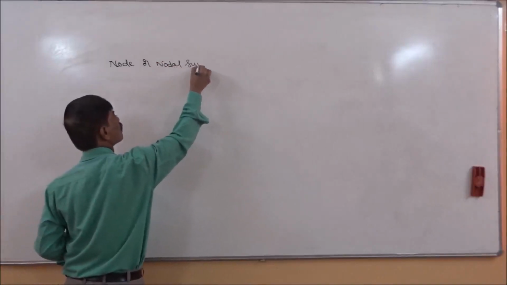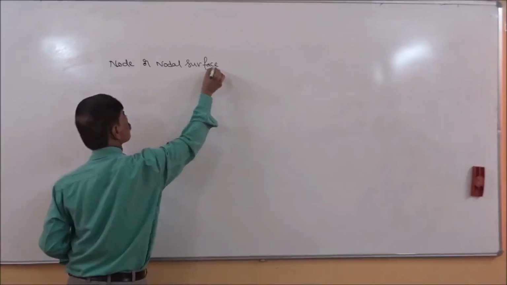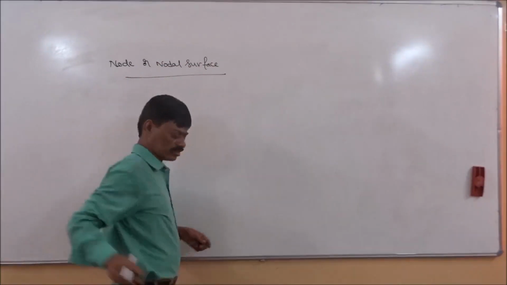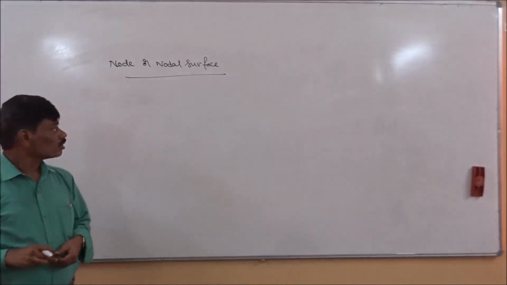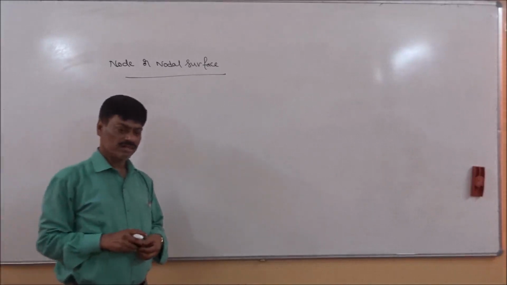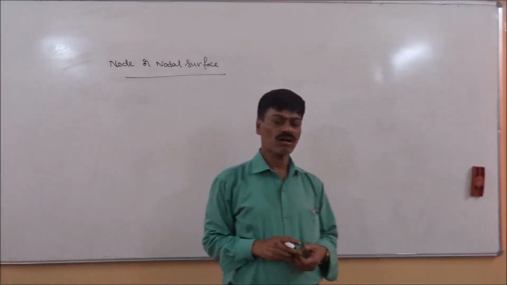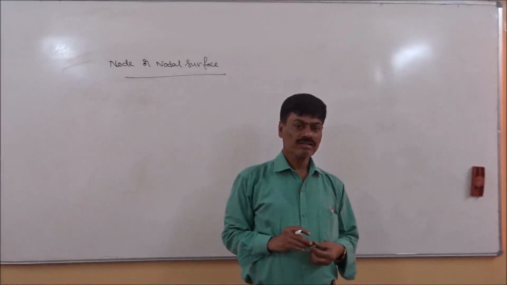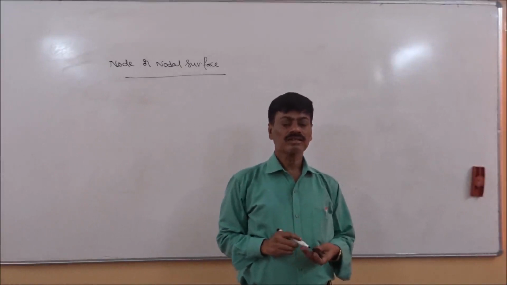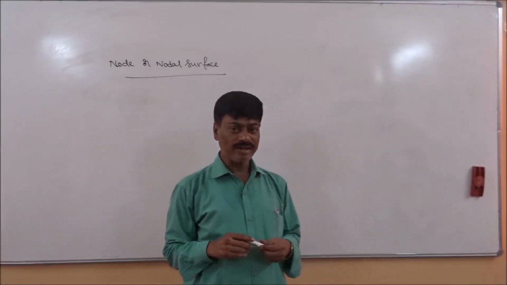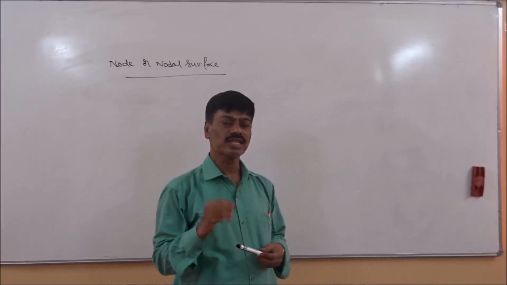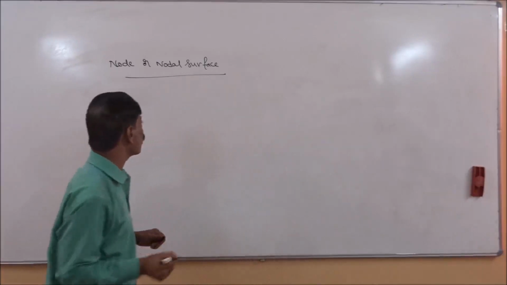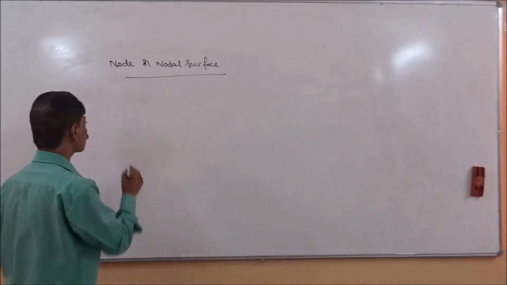In some reference books, nodal region is also given. Now let us see what is meant by node or nodal surface. The region where the chances of finding an electron is 0 is called node or nodal region or nodal surface.